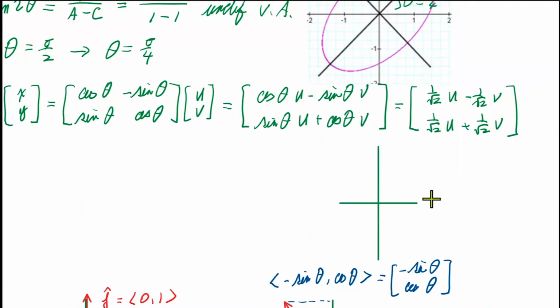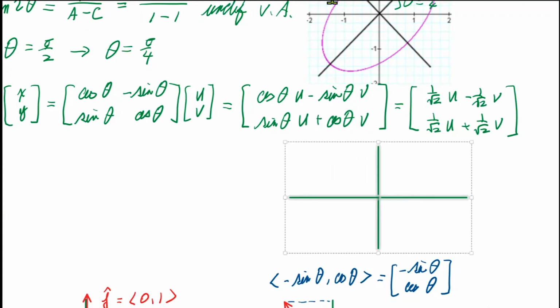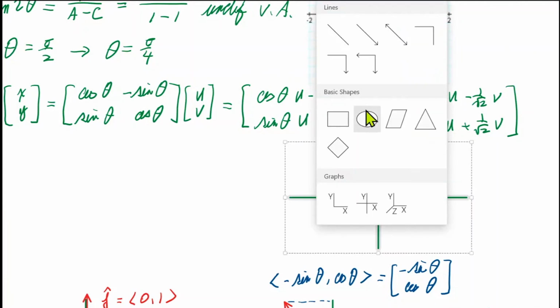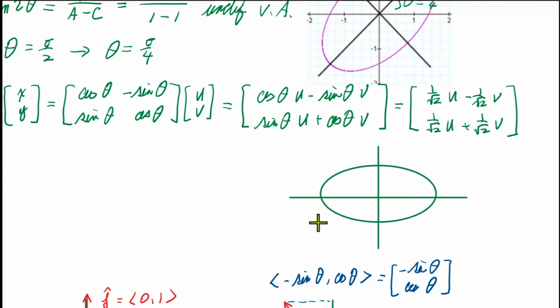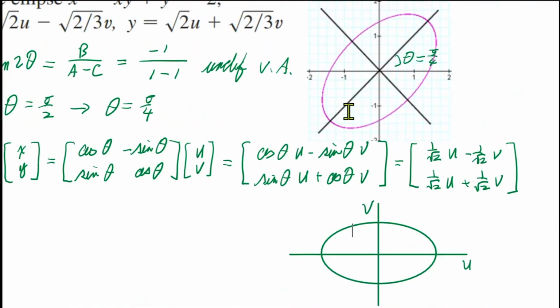So what we have is this, and this is UV. So far so good? If we hit a regular ellipse with that matrix, it becomes this.